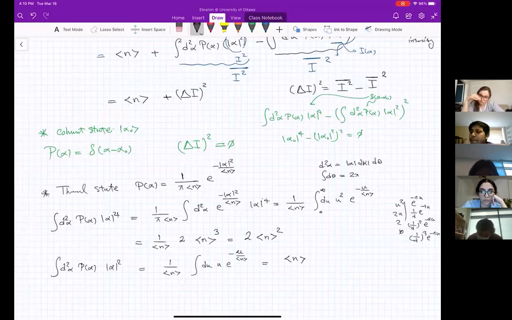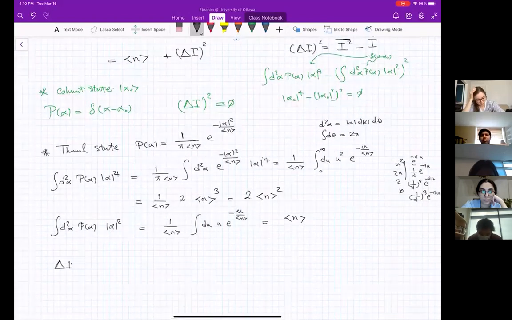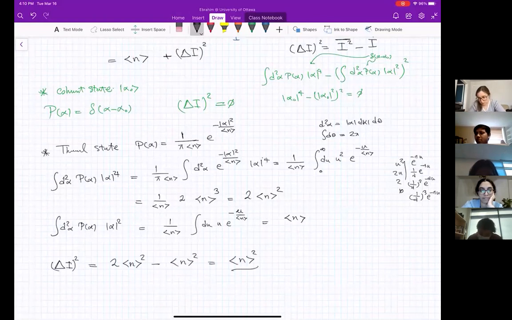I mean, nothing surprising from here. So Δ I squared then is given by 2n̄² minus n̄², which is n̄². It's not 0 anymore. Okay?